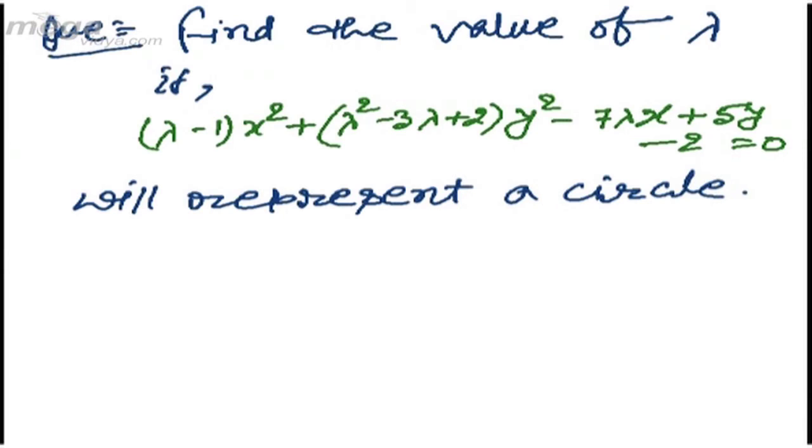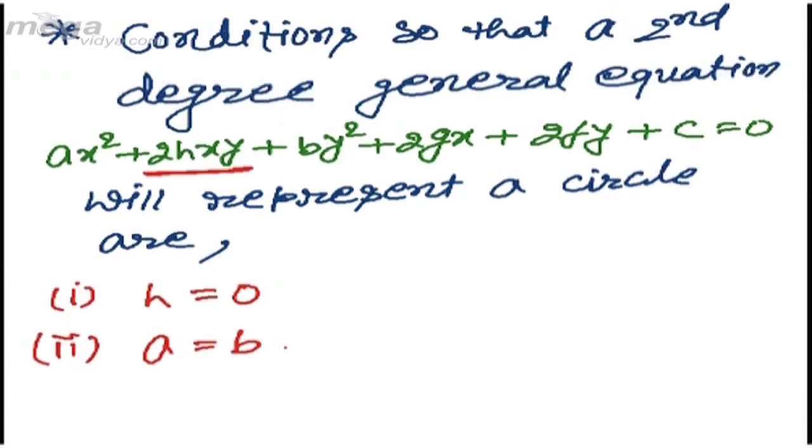So student, here the situation is: this general equation will represent a circle if and only if a equal to b and h is equal to 0, that is, there is no term which includes xy and the coefficient of x square equals the coefficient of y square.